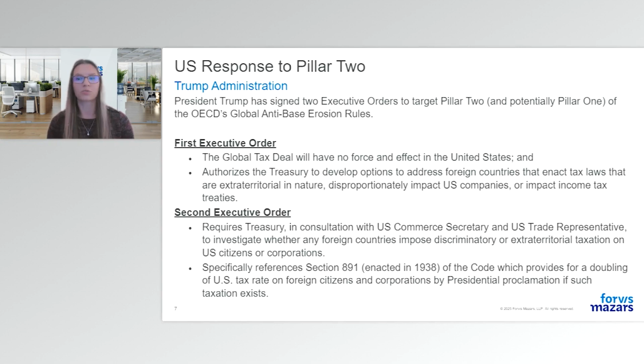Notably, the order references Section 891, enacted in 1938, which calls for a doubling of U.S. tax rates on foreign citizens and corporations should the president find that citizens or corporations of the U.S. are being subjected to discriminatory or extraterritorial taxes under the laws of any foreign country.